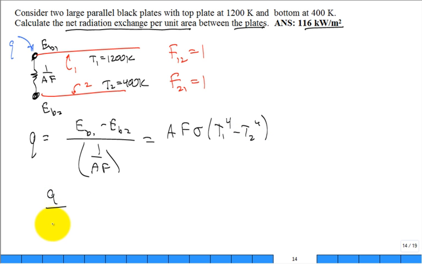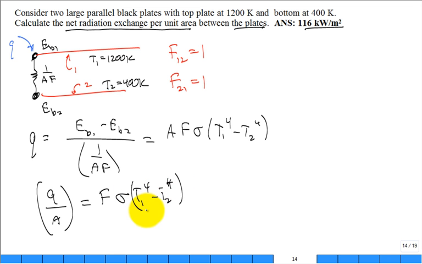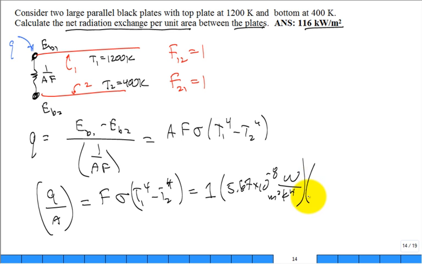And so Q divided by area, that's my flux, is equal to the view factor times sigma, T1 to the fourth minus T2 to the fourth. So you just put in view factor is 1, Stefan-Boltzmann 5.67 times 10 to the minus 8 watts per meter squared Kelvin to the fourth, and then our T1 of 1200 Kelvin to the fourth minus our T2 of 400 Kelvin to the fourth.